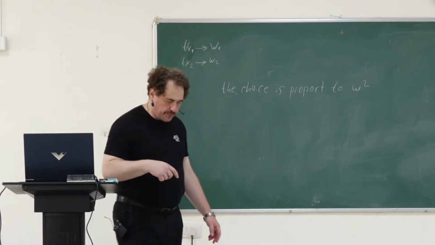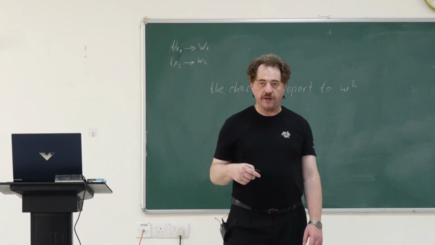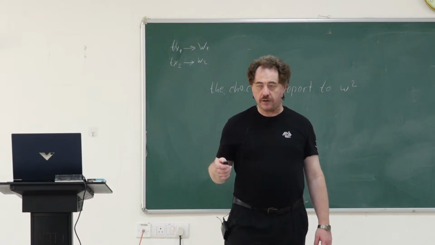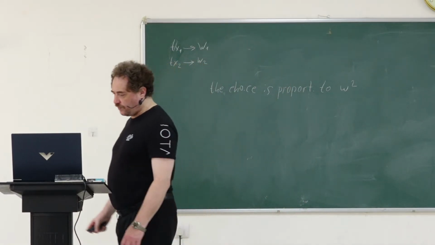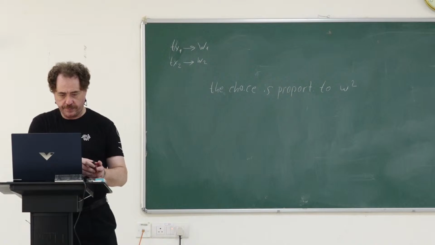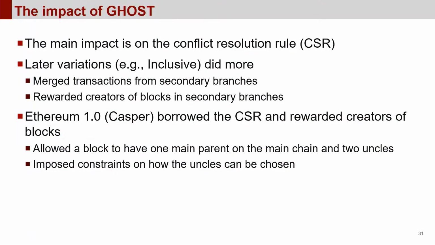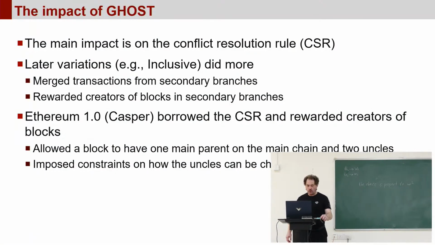So we already talked about Ghost in the context of Ethereum. However, later there were further developments of Ghost. The main impact of Ghost was on the conflict resolution rule. However, later variations, such as Inclusive, did more.